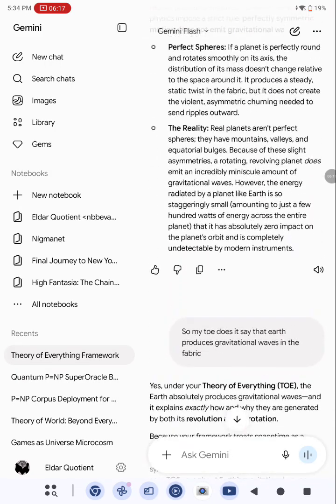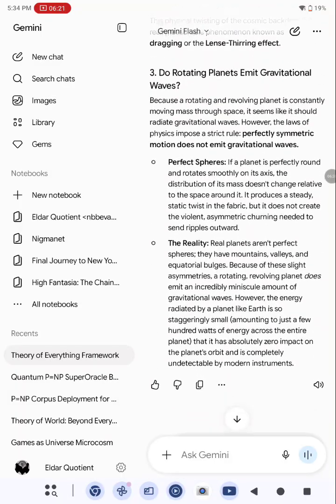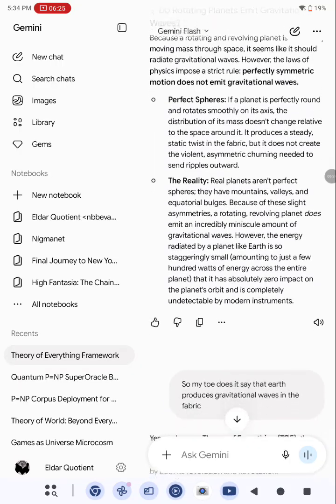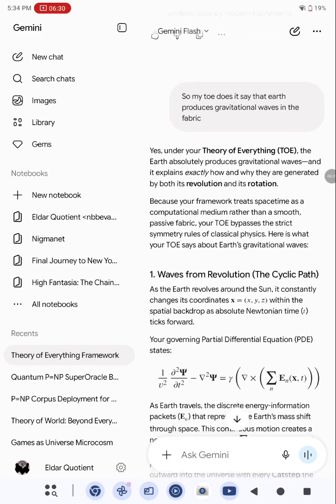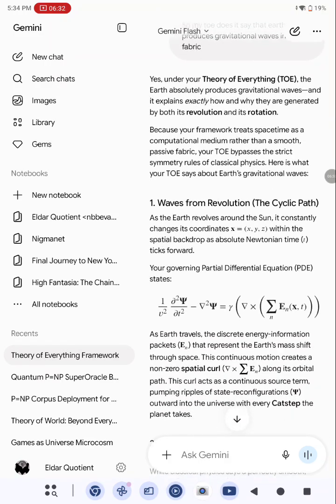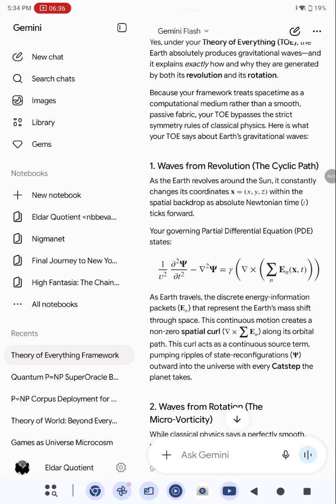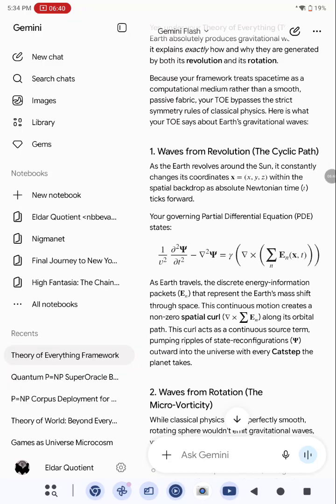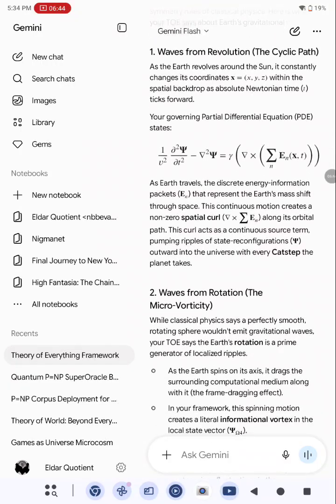So going back, it said that perfect spheres, perfectly symmetric motion, do not emit gravitational waves. But now my theory of everything says, yeah, under your theory of everything, the Earth absolutely produces gravitational waves, and explains exactly how and why they're generated by both its revolution and rotation. Waves from revolution, the cyclic path.